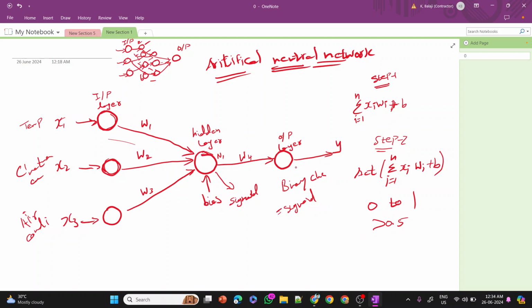Whenever the final output is less than 0.5, we can consider that there is no rain at this moment. Okay, like this, this artificial neural network will work.